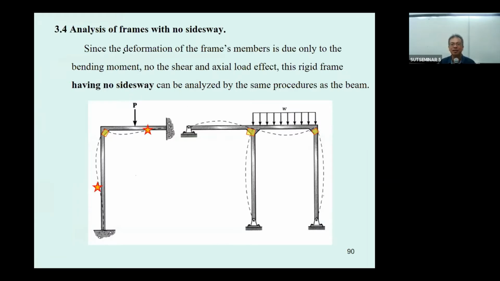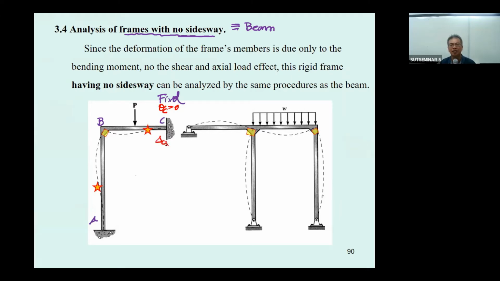Next, let's come to the frame with no sidesway. I suppose to tell you that this analysis is equivalent to the analysis of the beam. When the frame has a fixed support, let's say this is going to be A, B, and C. Due to the fixed support, you guys know that the slope theta C is 0.